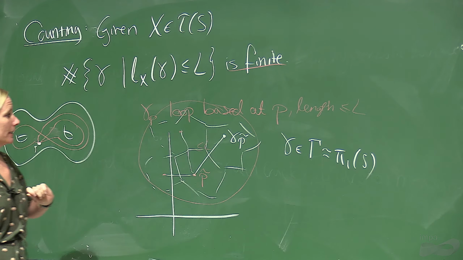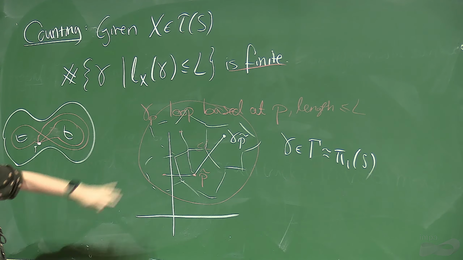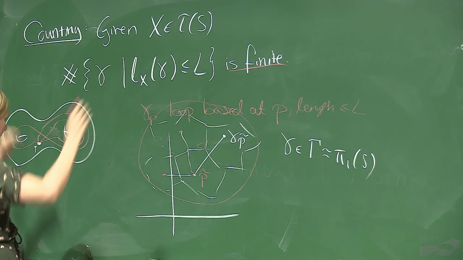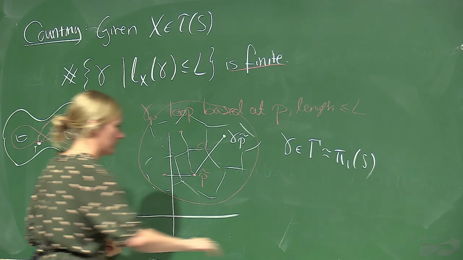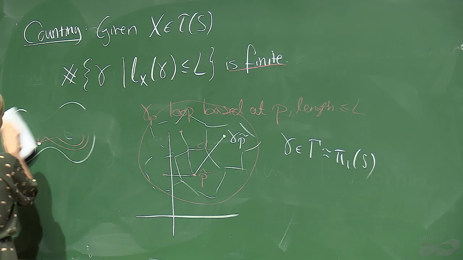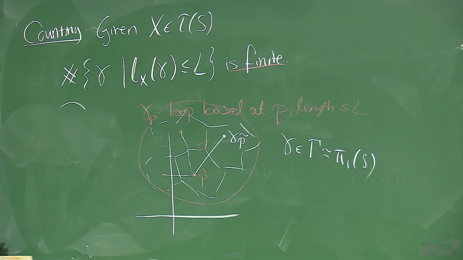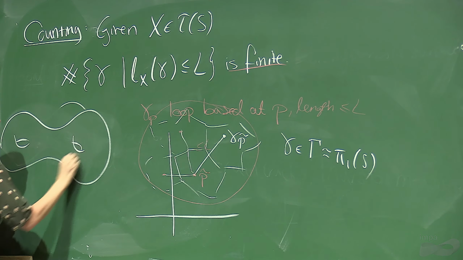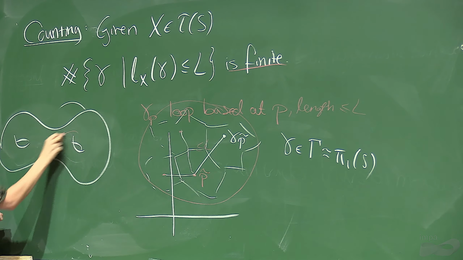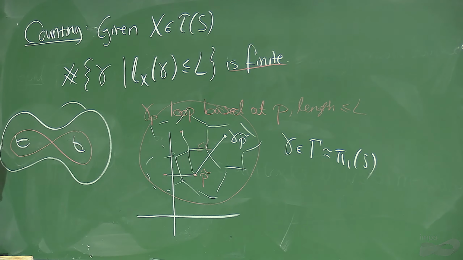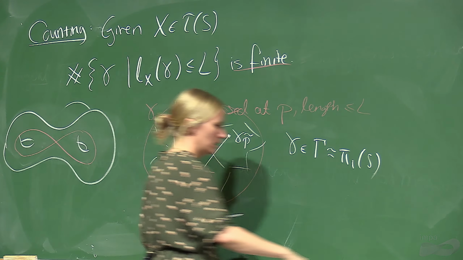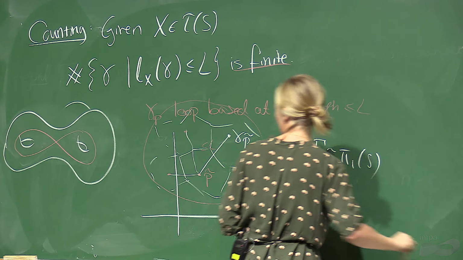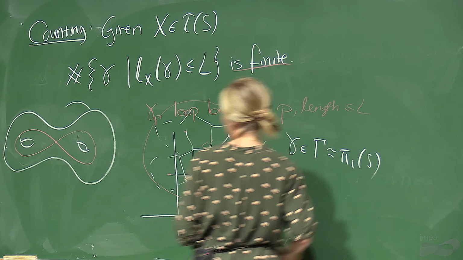But if we don't restrict the length, there's infinitely many, which can be seen also by this picture by just taking them longer. But I think a nicer way to see it, because it's also how we will sometimes think about them: take any closed geodesic you want. I take this one. And take any simple curve that intersects it. So maybe this one.